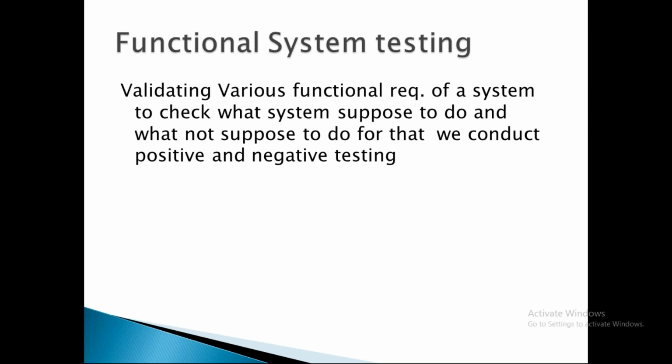Suppose it is working with invalid credentials also, it's a defect. You can raise it. So functional means I check both the positive way and the negative way. We are there to find the defects only, right?